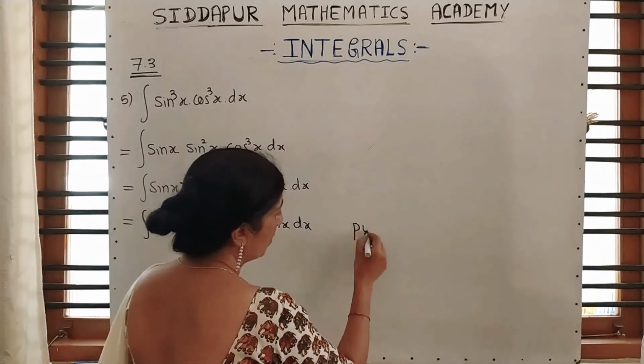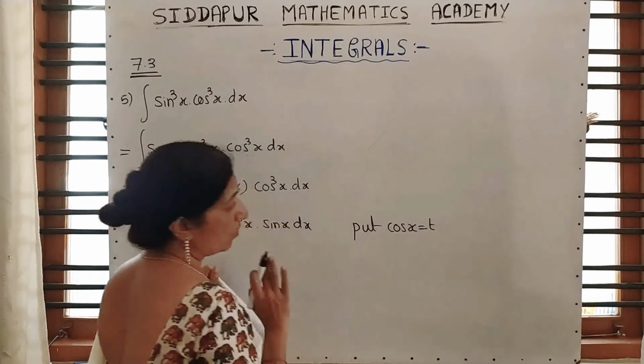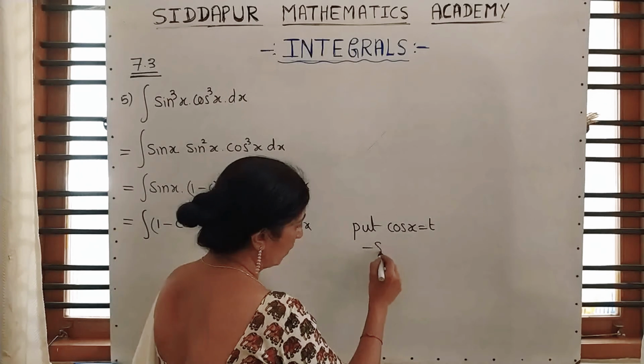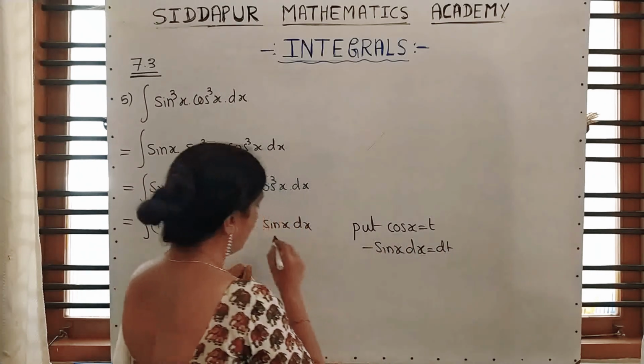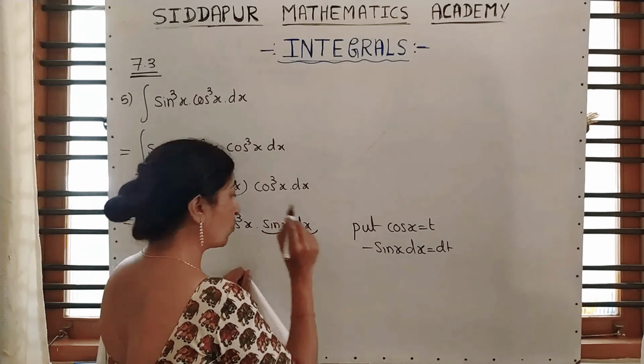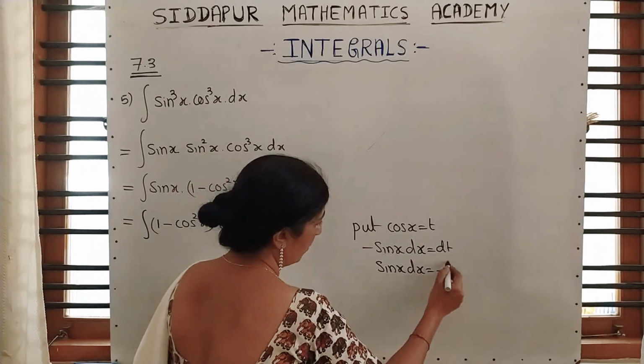Now I am taking cos x as t. Substitution is cos x equal to t. Differentiation of cos x is minus sin x into dx is dt. But see this, here we require only sin x into dx, which is minus dt.